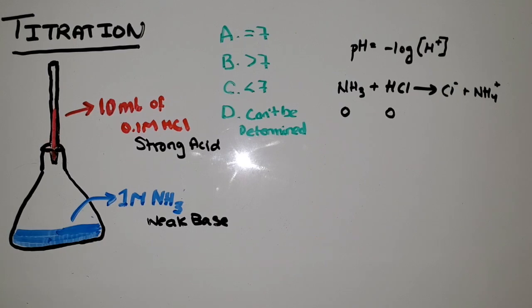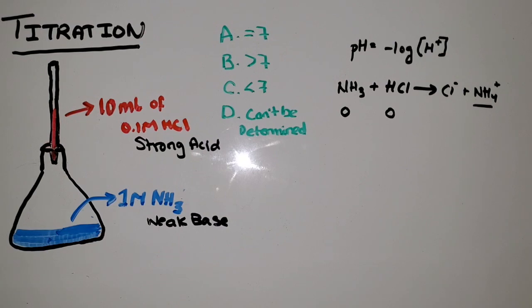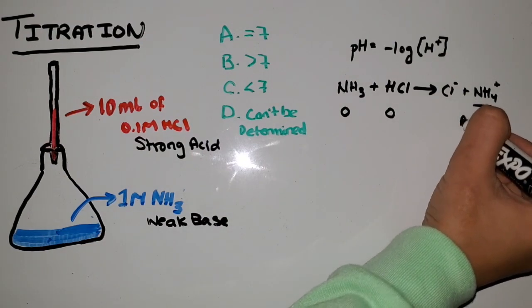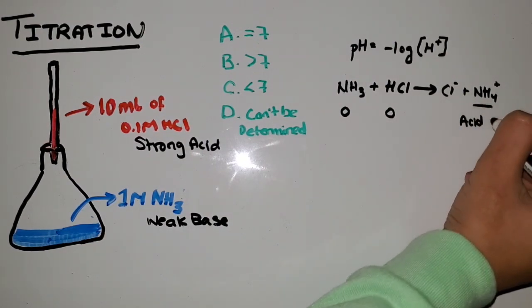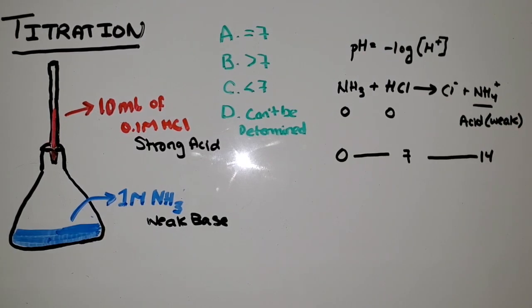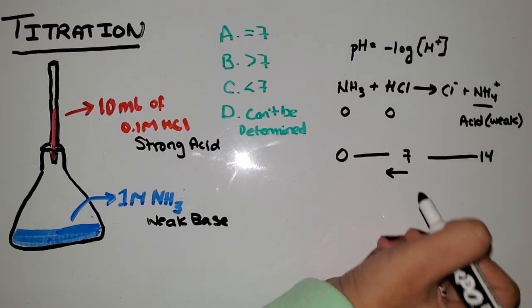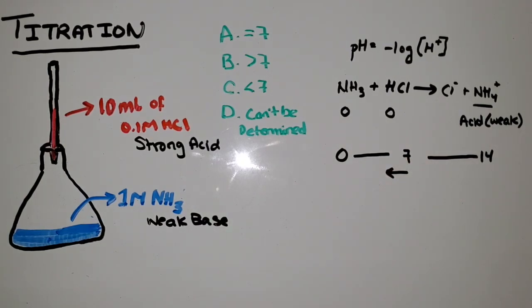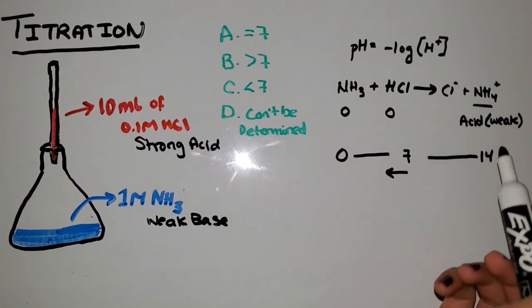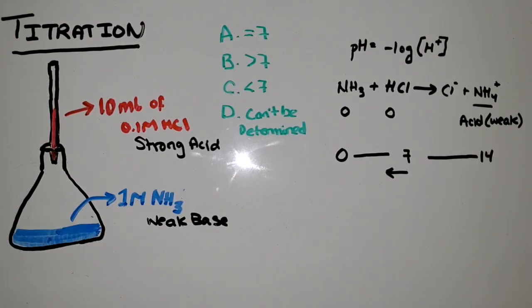That's what neutralization is. And that leaves us with NH4+ in our solution, which is an acid. Even though it's a weak acid, it is an acid. And that's why after neutralization, the solution's pH leans more towards the acidic conditions, because we have this weak acid in our solution after it's been titrated.